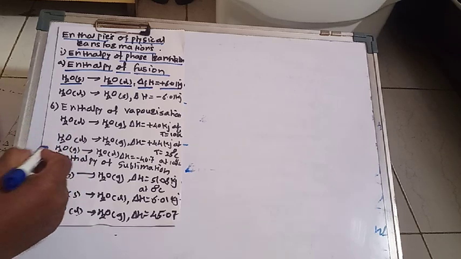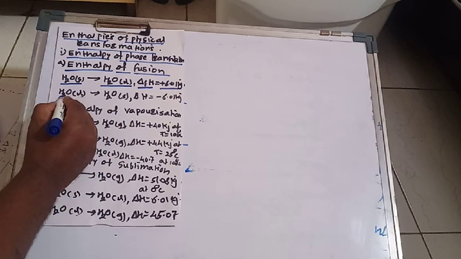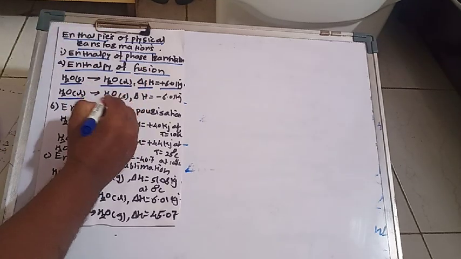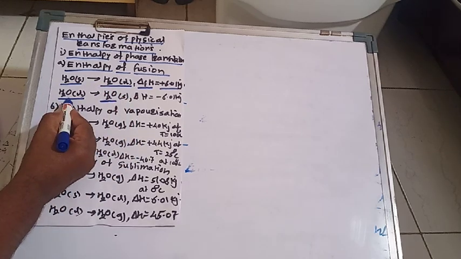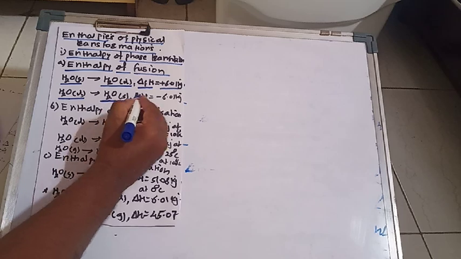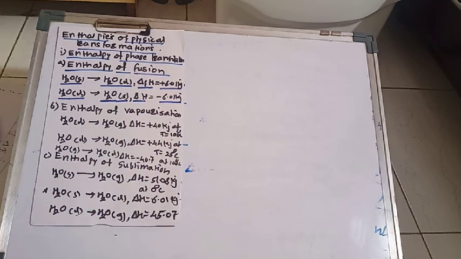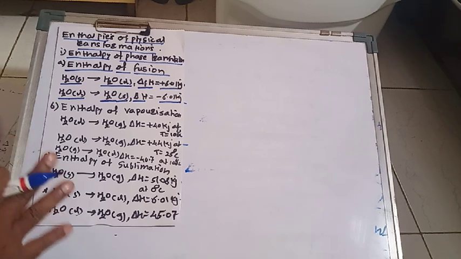The reverse of this reaction is enthalpy of freezing: H2O liquid is converted into solid, and delta H is minus 6.01 kilojoule per mole. That means enthalpy of fusion and enthalpy of freezing are opposite. Their magnitude is the same with opposite sign.